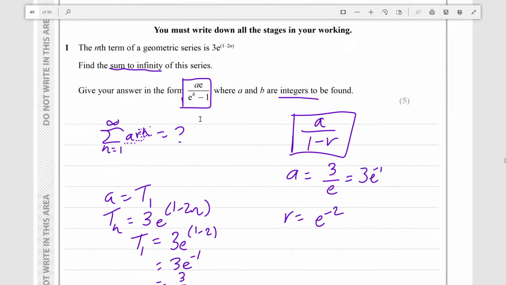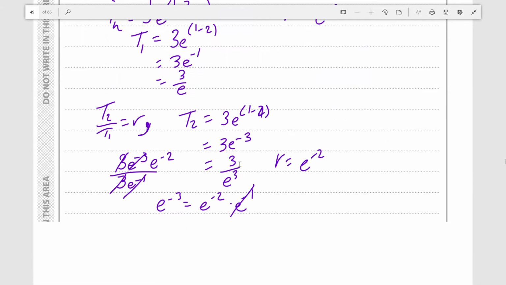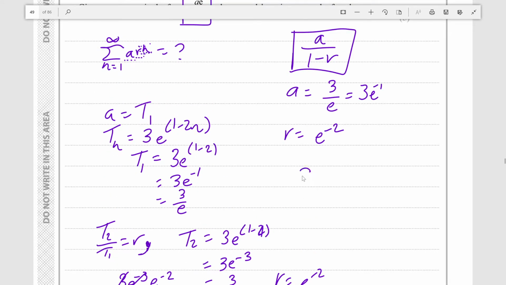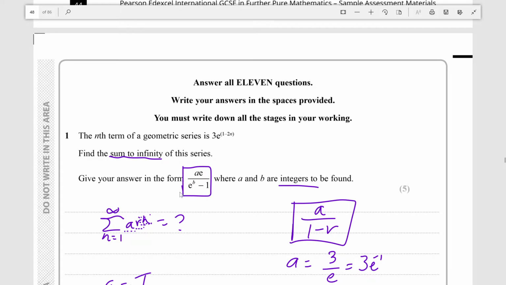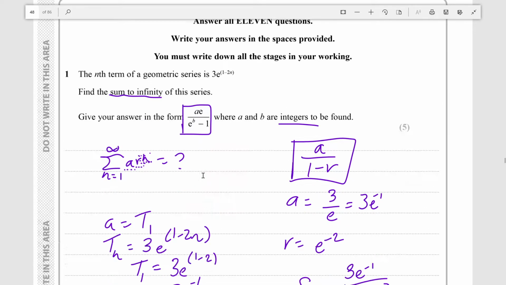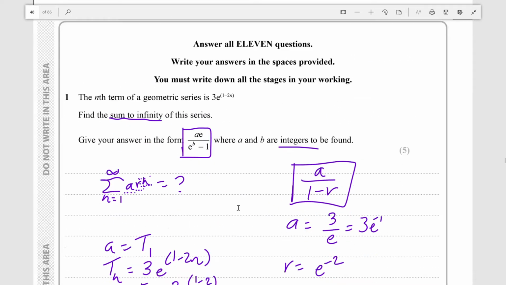So our answer for a over 1 minus r is 3 e to the negative 1 over 1 minus e to the negative 2. Now, it wants us to have e to the something power minus 1. And it also wants the e term on top to be e to the power of 1, or just an e.